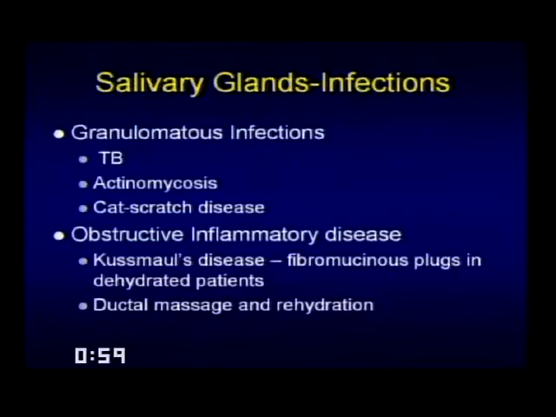Granulomatous infections are important to know about. TB, actinomycosis, and cat scratch disease will cause a granulomatous infection of your parotid. Then there are obstructive inflammatory diseases, Kussmaul's disease, which is due to fibromucinous plugs in dehydrated patients. The treatment here is ductal massage and rehydration.